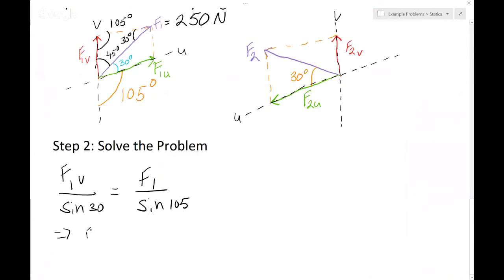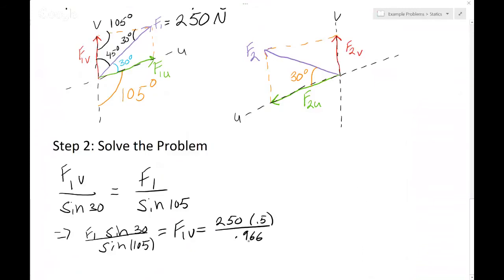algebraically and get F1 sine of 30 divided by sine of 105 is equal to our F1 of V, which is then equal to 250 when we sub in, times 0.5, which is sine of 30 evaluated, divided by 0.966, which is sine of 105 evaluated.